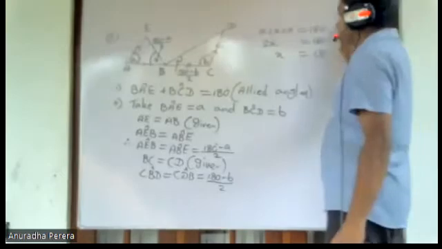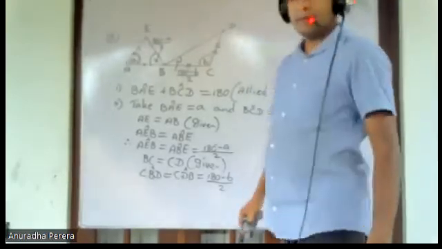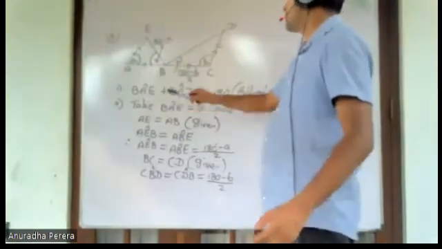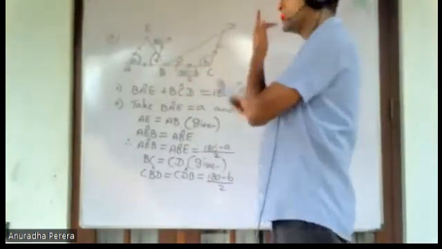We know that we need the magnitude of DBE. The sum of these three is 180, angles on a straight line.